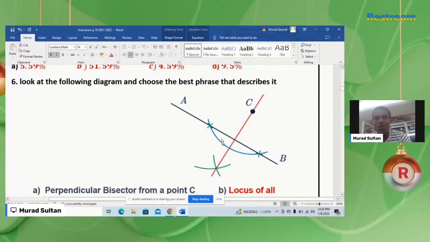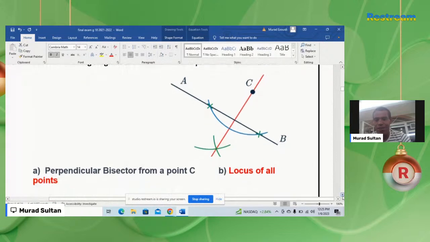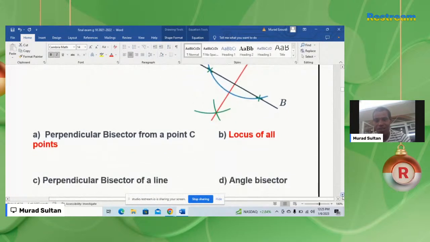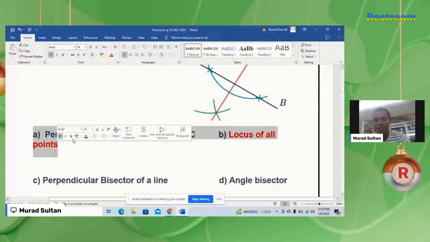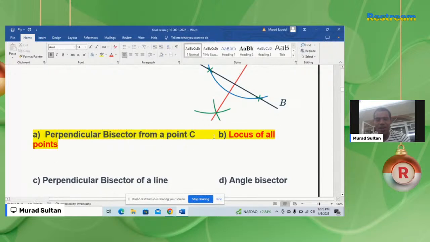So this is not a perpendicular bisector of line segment AB, but it is a perpendicular line passing through the point C. Here is a definition: a perpendicular bisector is the locus of all the points equidistant from the ends of a line, or an angle bisector. So the correct answer is that. This is the correct answer, and it is not B, it is not 2, but it's written in yellow color.